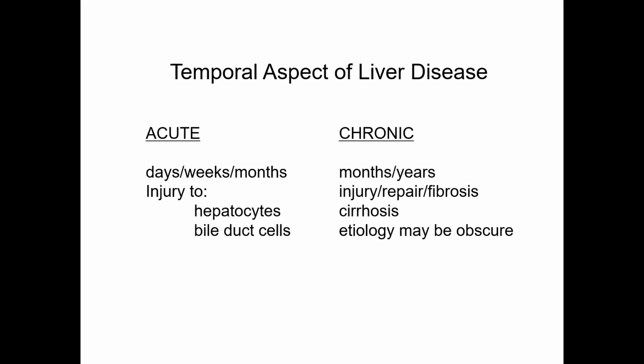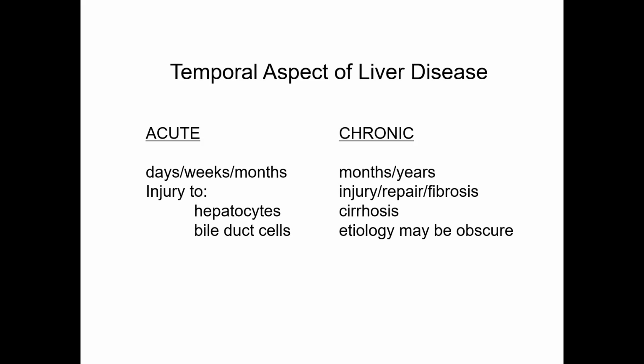For example, acute hepatitis refers to an onset of inflammatory condition lasting less than 6 months. So your acute conditions can be due to injury to either your hepatocytes or to the bile duct cells, the wall that lines your bile ducts.